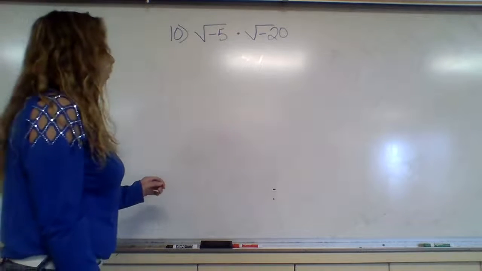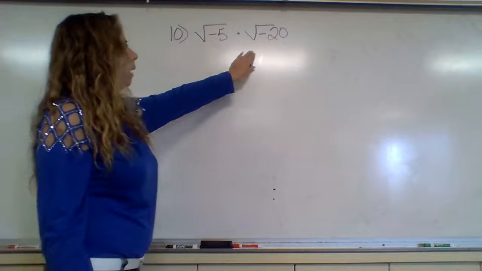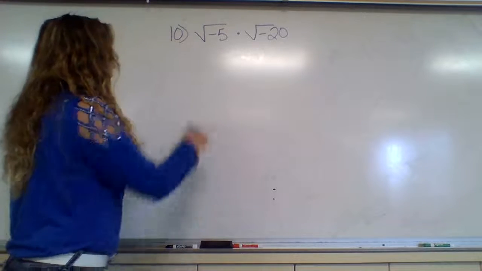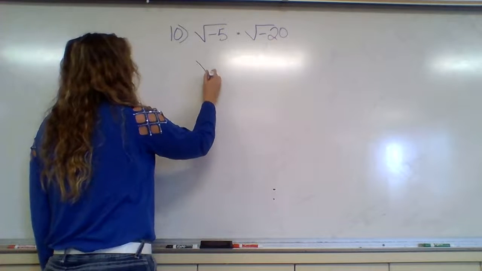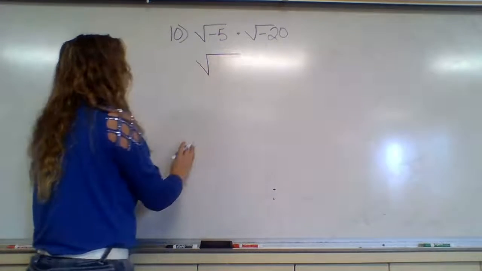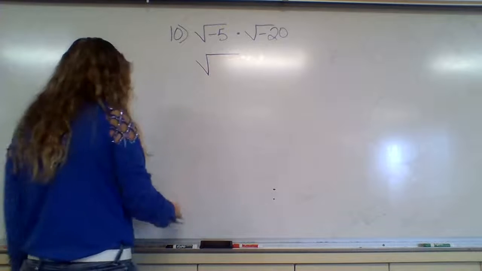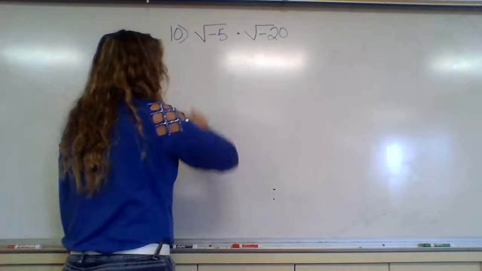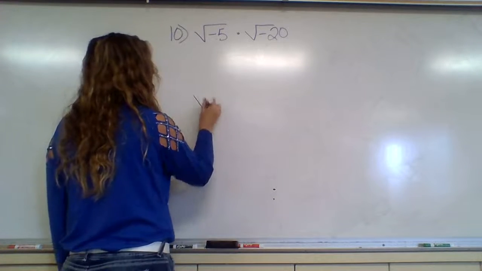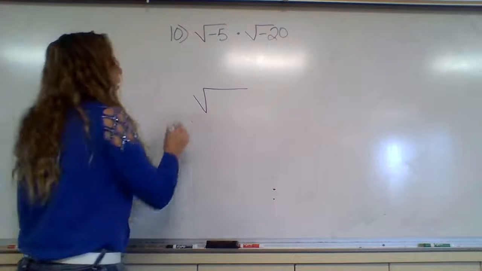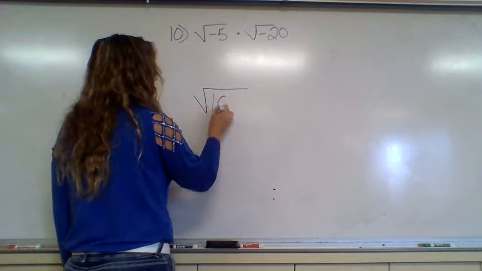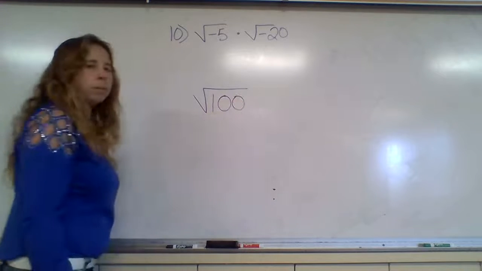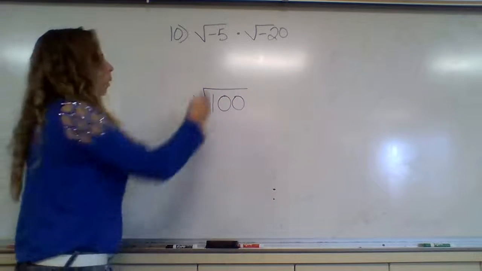Remember radical rules. I can multiply these together. -5 times -20 gives me the square root of... -5 times -20 is positive 100. Right? I multiplied these two together.